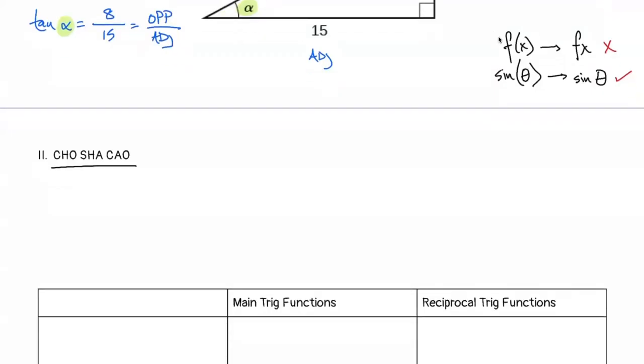So let's start with a diagram here. So if we have a right triangle, and we label, let's just mix things up a little bit, let's say I put theta up here.